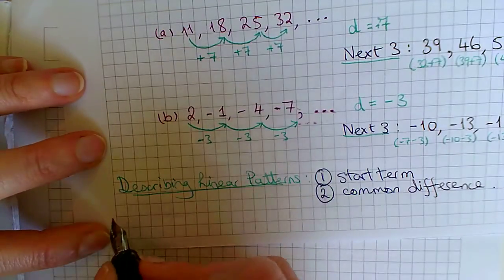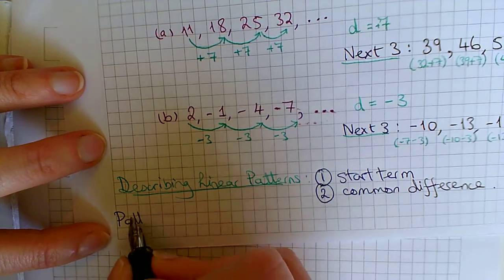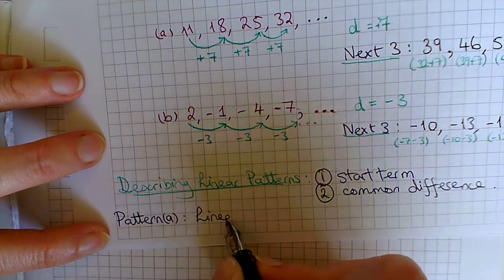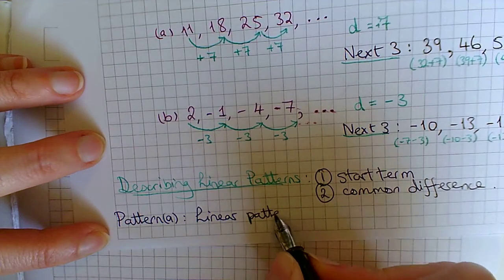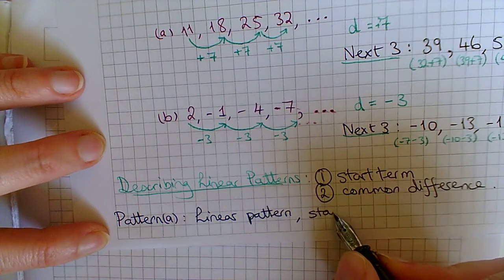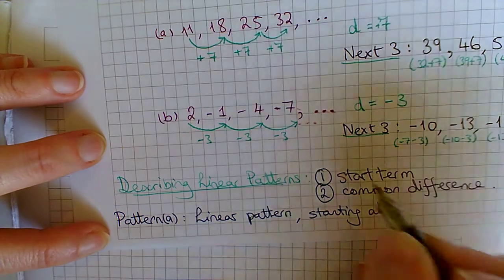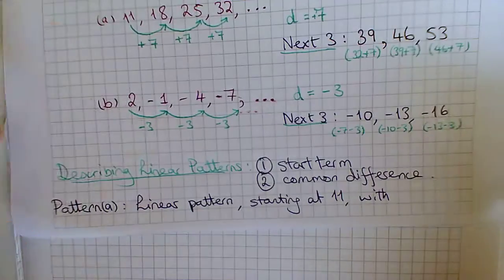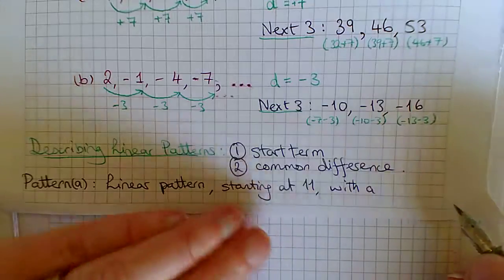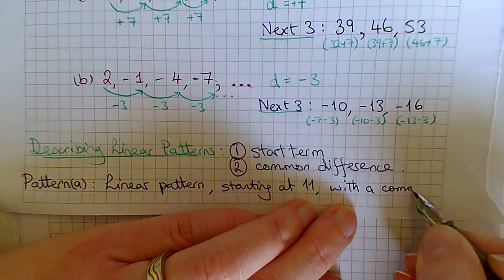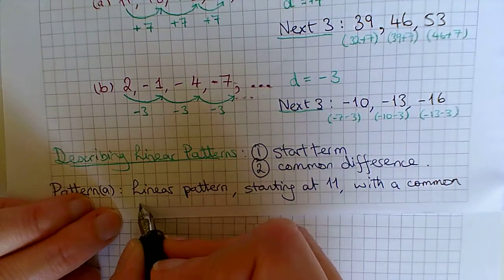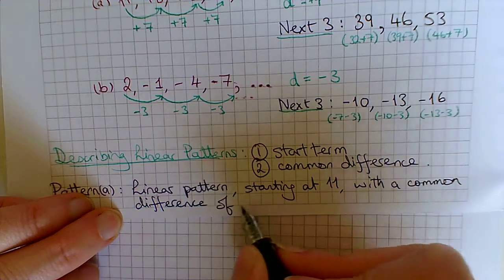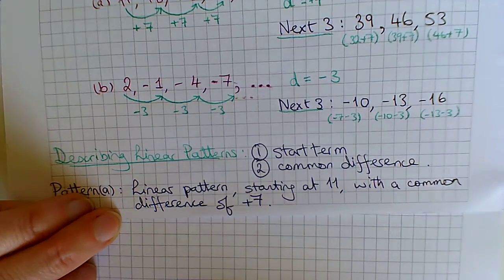So, pattern A here is a linear pattern starting at 11 with a common difference of +7.